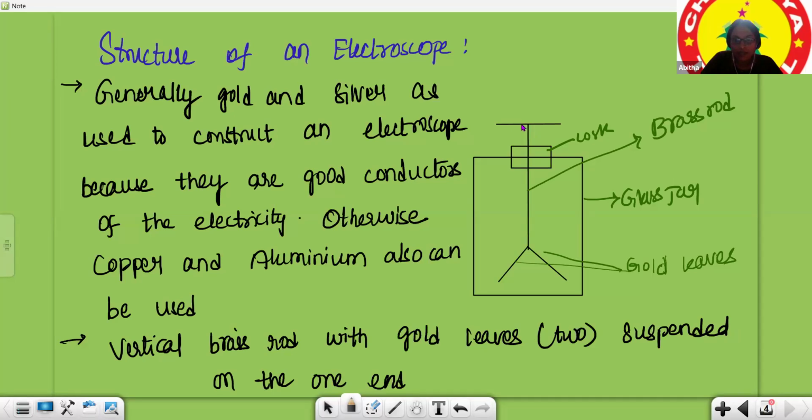And on the other end, you can see a horizontal rod. On one end of the brass rod there is a horizontal rod, and on the other end two gold leaves are suspended. Clear? Please write down.